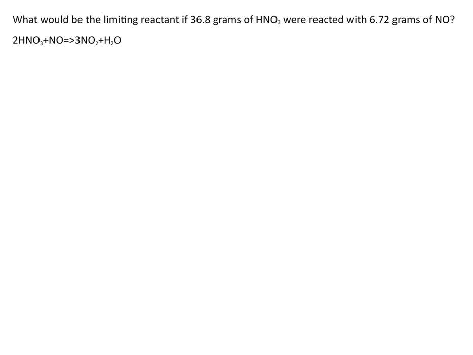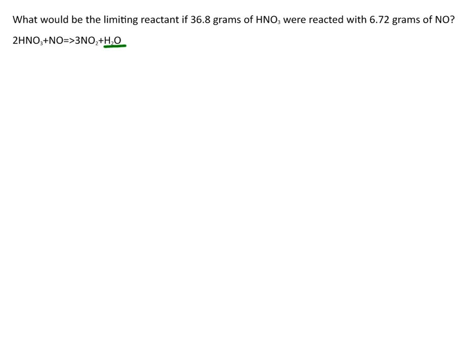Here I'm given two different masses, and I want to find out which one would be my limiting reactant. When you have the option to just pick one of the products, it doesn't matter which product I make right here. So I'm going to go ahead and go with water.